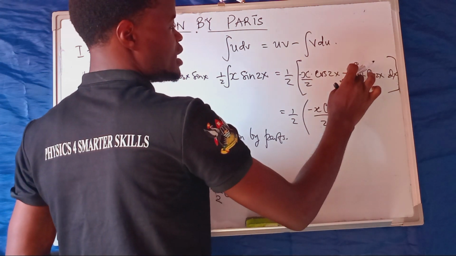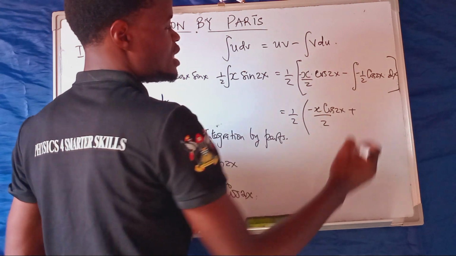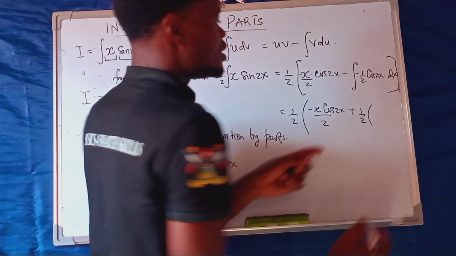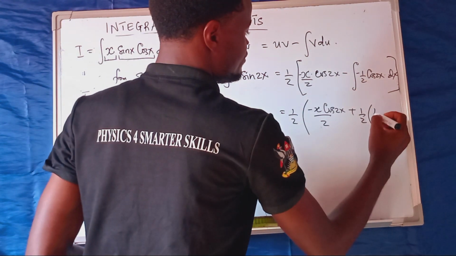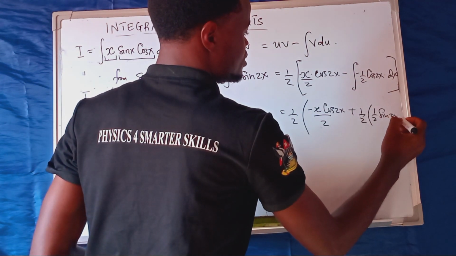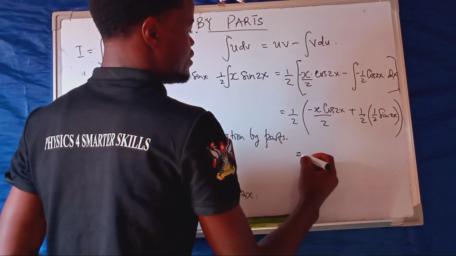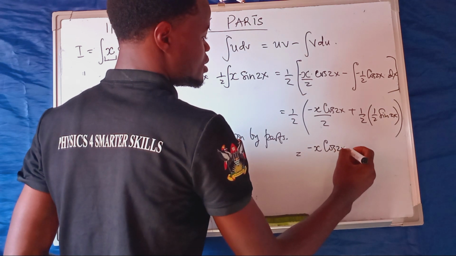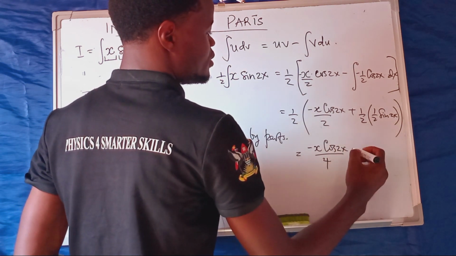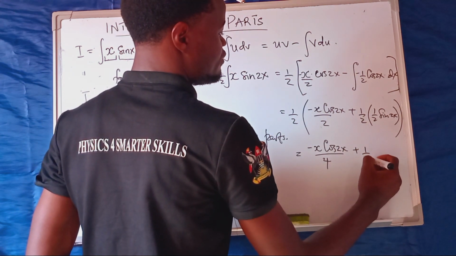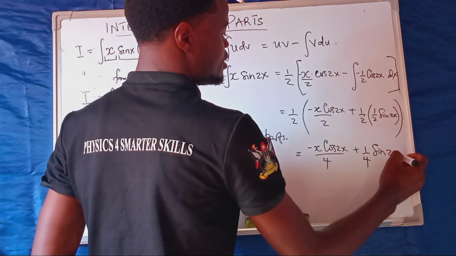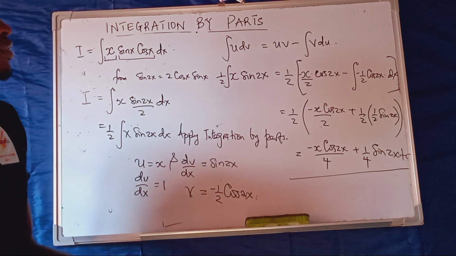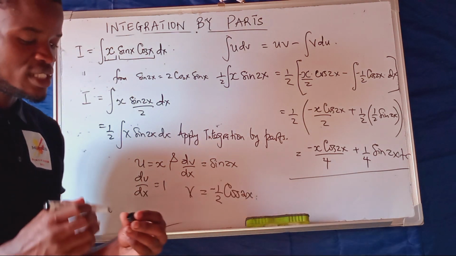Remember, this is a minus and this is a minus, so we shall have a plus. So plus a half into the integral of cos 2x, which is a half sine 2x. So this gives us minus x cos 2x over 4, then plus 1 over 4 sine 2x, then plus the constant of integration. So we come up with such an answer.